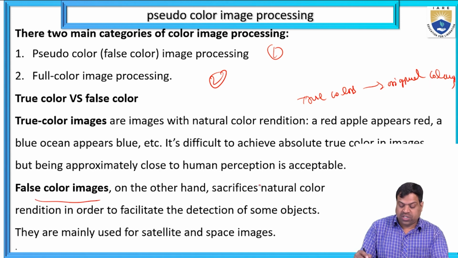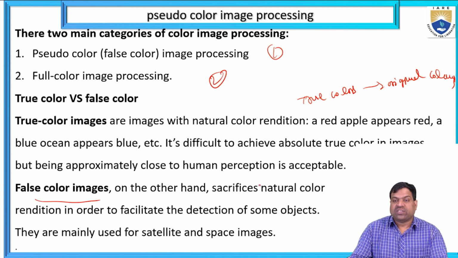False colors, on the other hand, are where we are sacrificing natural color rendition in order to facilitate the detection of some objects. They are mainly used for satellite and space images.